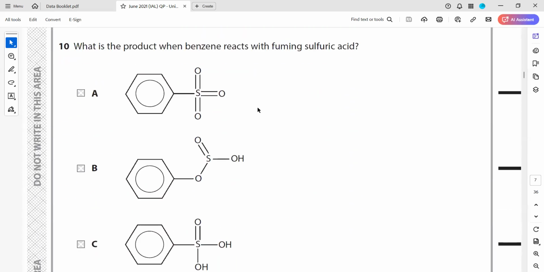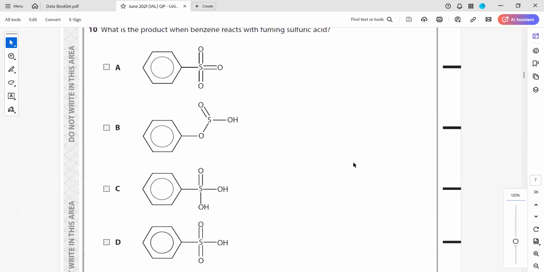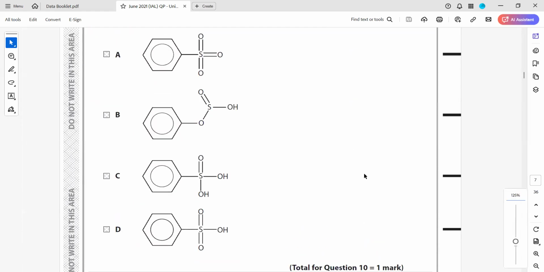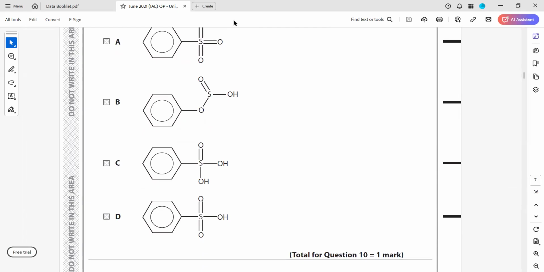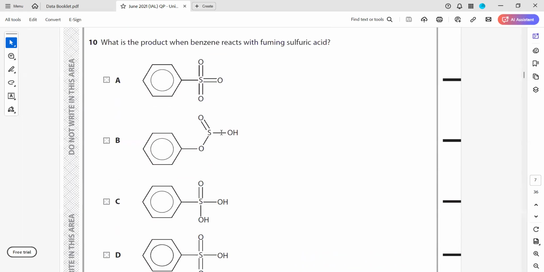What is the product when benzene reacts with fuming sulfuric acid? So HSO3 is formed. Which one is HSO3? So B. It's a direct question which is totally related to mechanism. No, sulfur trioxide is there, sorry. HSO3, not OA. Because it will form HSO3, either D can be an answer, or this is also HSO3.